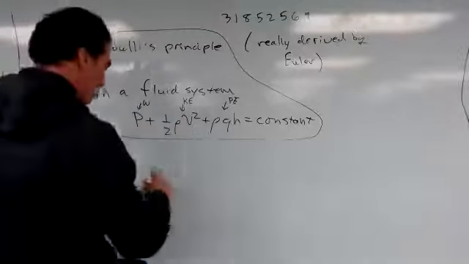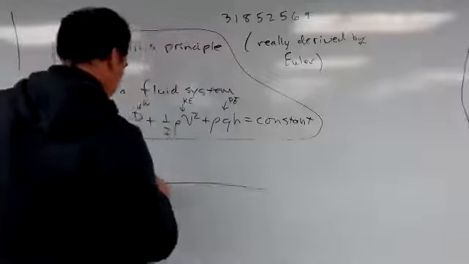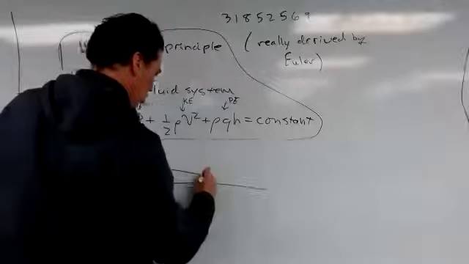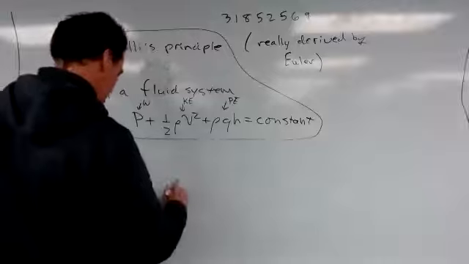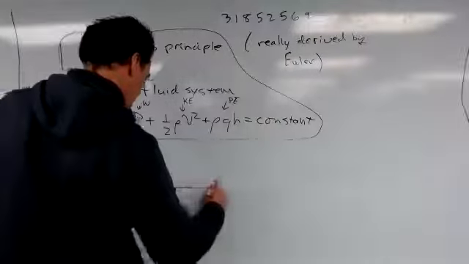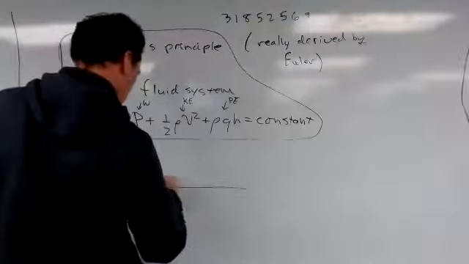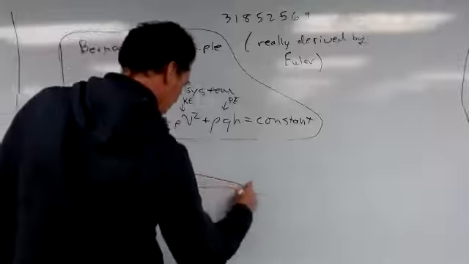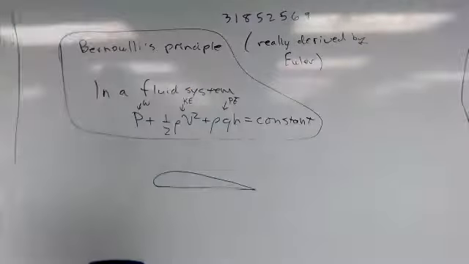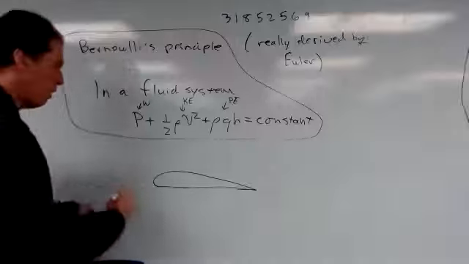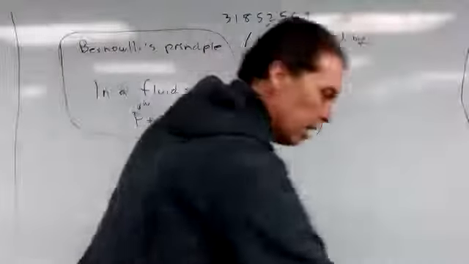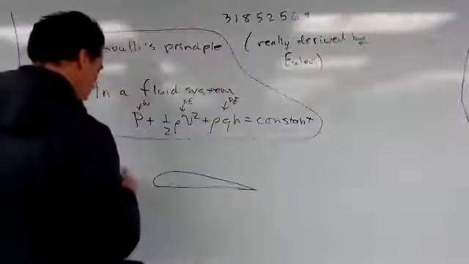If you look at an airplane wing, just a classic airplane wing, not modern ones so much, let me just try again. They're usually flat on the bottom, and they look like that on the top, something like that. And so the idea behind an airplane wing is that there's flow over the wing and there's flow under the wing.